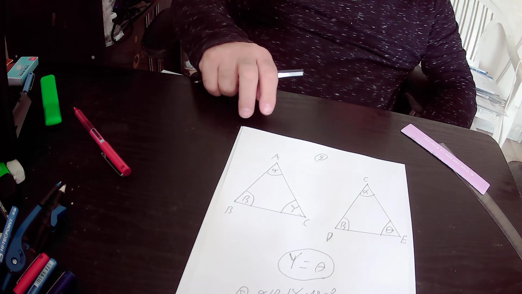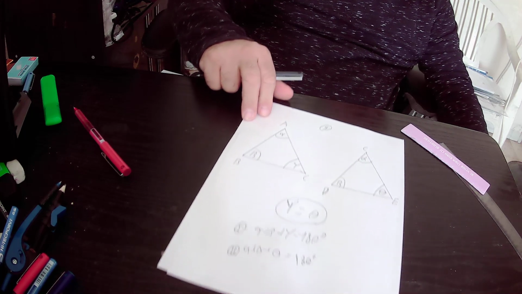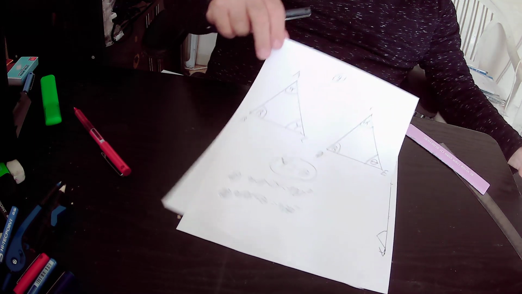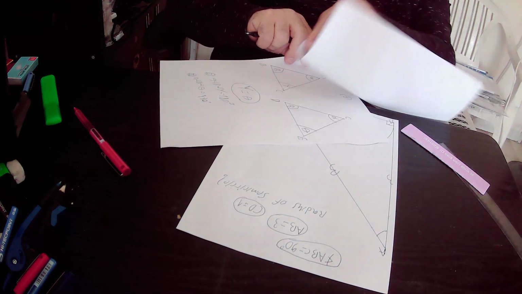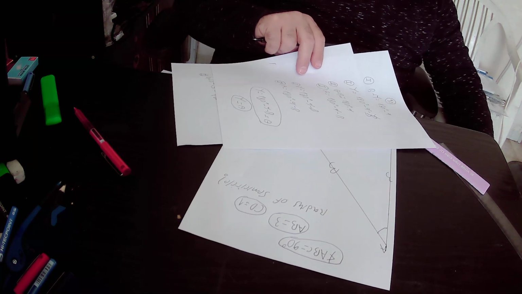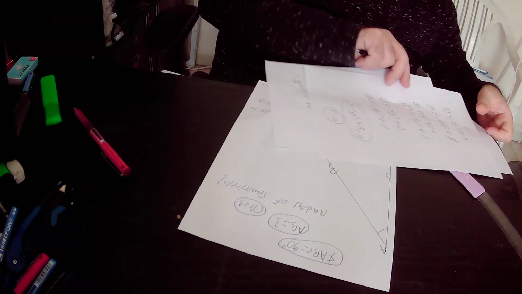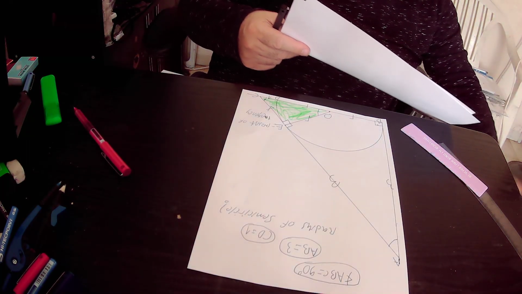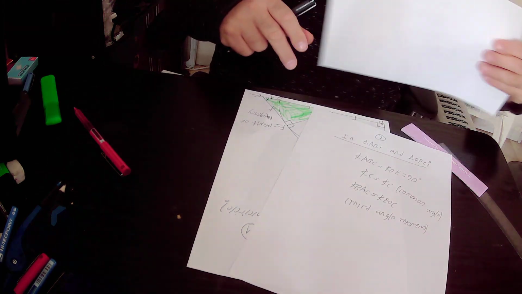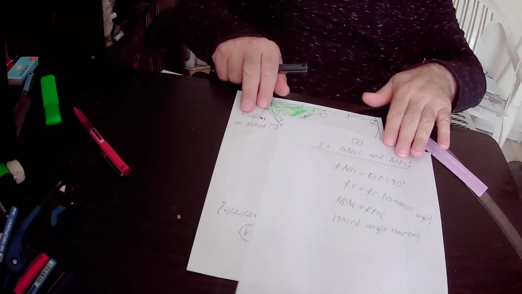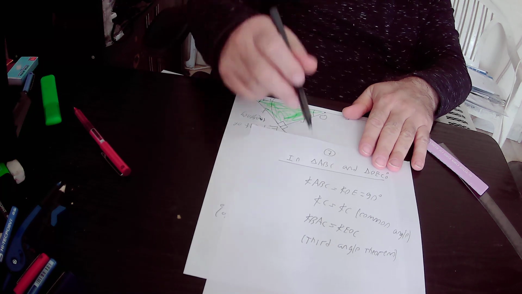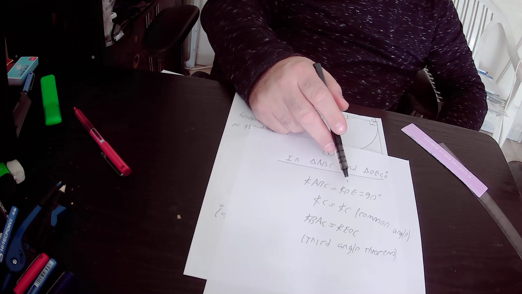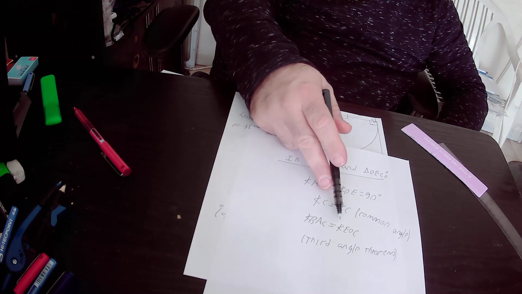So we actually proved that three angles 1, 2, 3 of triangle ABC are equal to three angles 1, 2, 3 of triangle OEC.